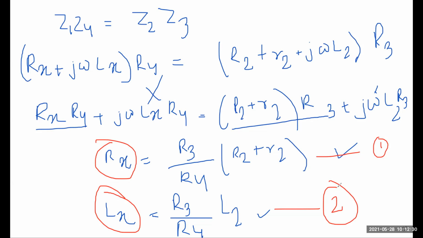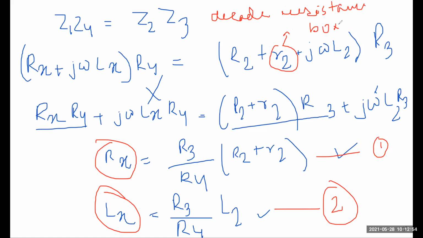Small r2, as I told you, can also be called a decade resistance box.